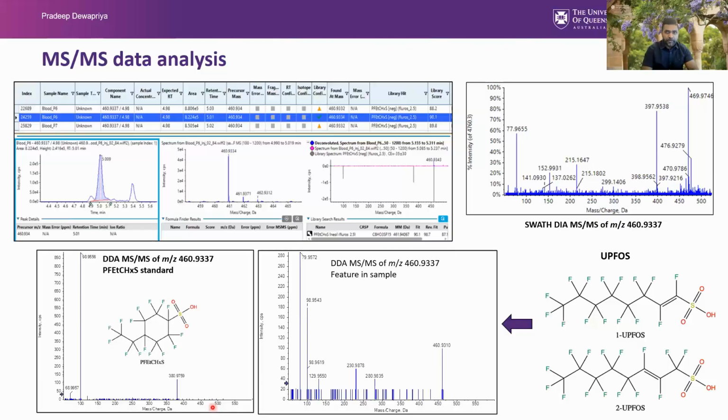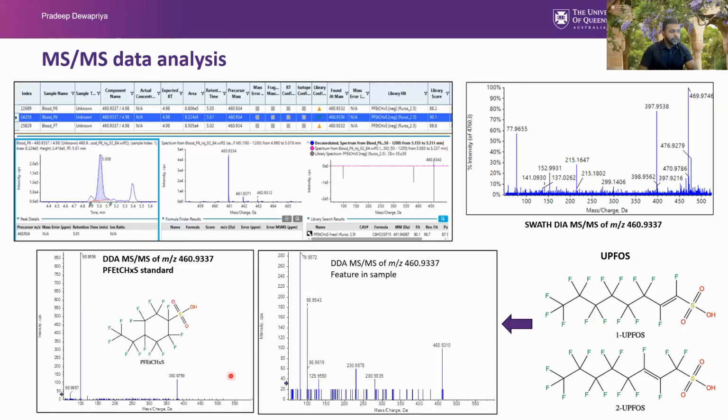However, in the PFAS suspect list, there are several structural isomers that match this monoisotopic mass. So this is our SWATH data for this feature, and this SWATH data was not enough to confirm the structure. So we had to reanalyze the data with data-dependent acquisition mode to obtain clear MS/MS data.